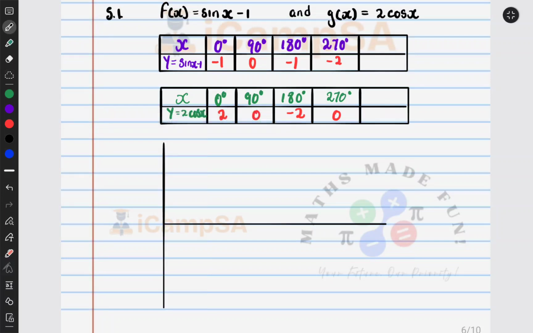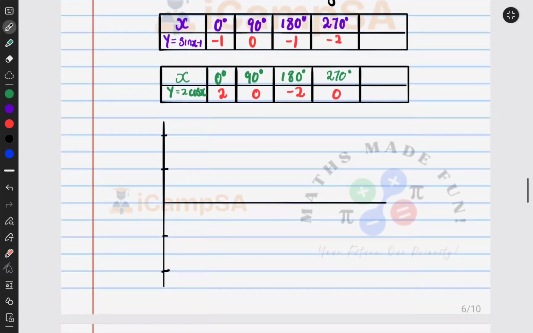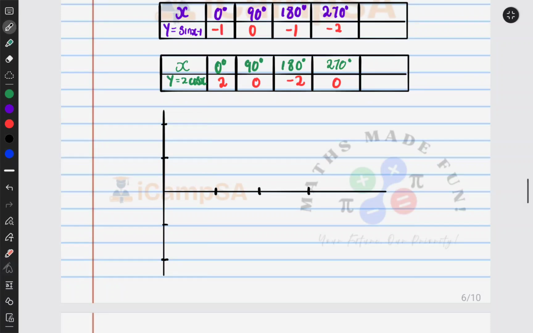We're going to have 1, 2, -1, -2 on the y-axis, and 90, 180, 270 degrees on the x-axis.